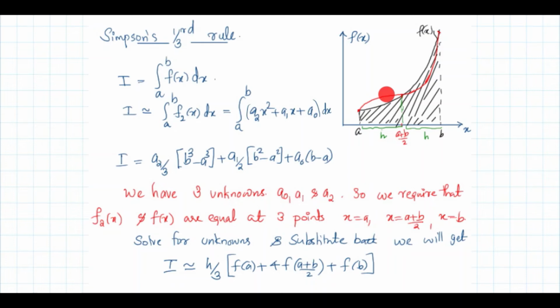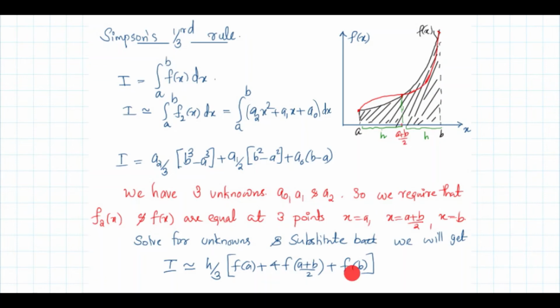For that we are assuming that this f2(x), your approximated polynomial, and the original function f of x, this black curve and this red curve, match at 3 points: one at the initial point, one at the final point, one at the midpoint.